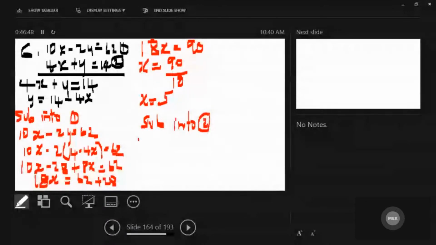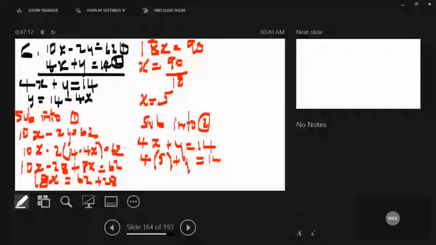So that would have 4x plus y is equal to 14. So 4 times 5. Remember, wherever x is, we're going to put 5. 4 times 5 is 20, so 20 plus y equals 14.